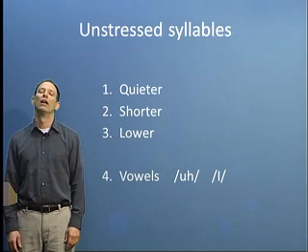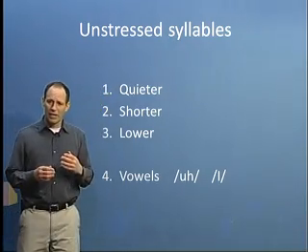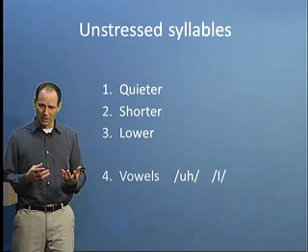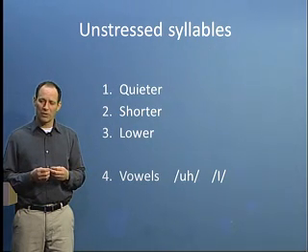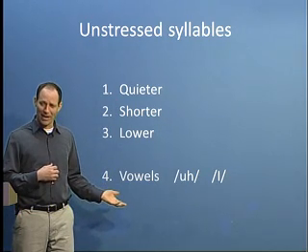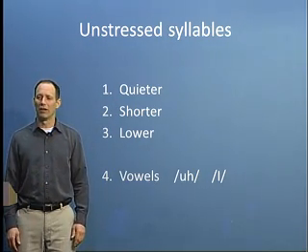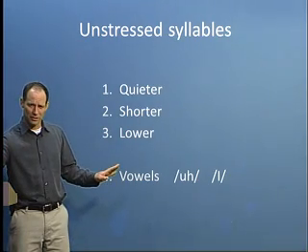So, an unstressed syllable is the less important syllable, and in a less important syllable, we can use the laziest vowel sound in the world, which is uh. Let's see how it works.